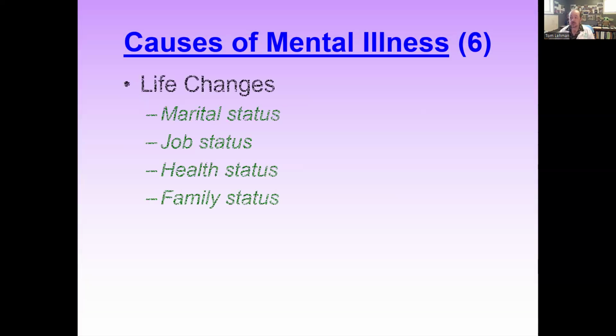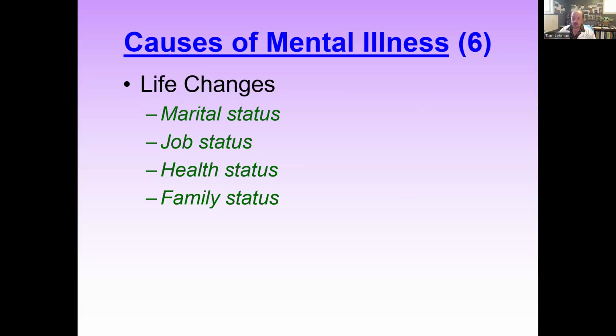And then we can also look at simple life changes. And I've already hinted at several of these, but as I said, job changes, marital status, your own health changes. You know, you bought a season pass to the ski mountain, and on the first shot down, you trip, fall, break your ankle, and you're out for the whole winter. Yeah, that could wind up having a big impact upon your mental status.